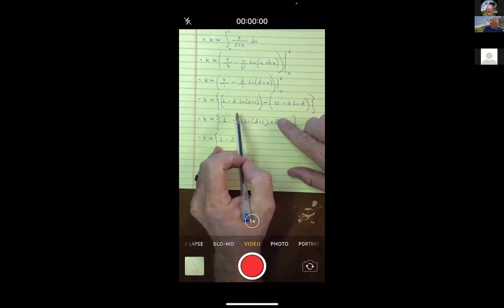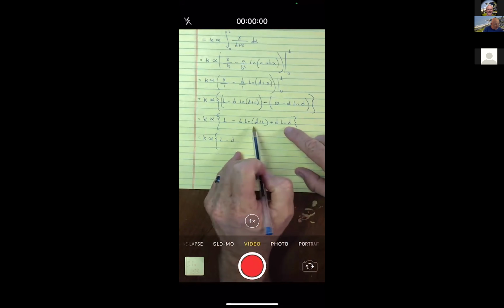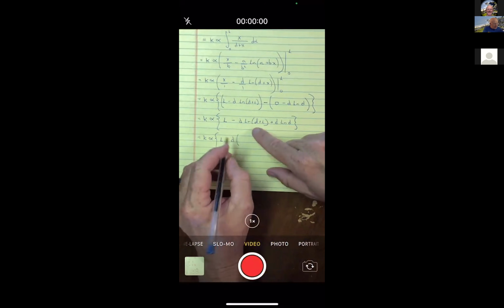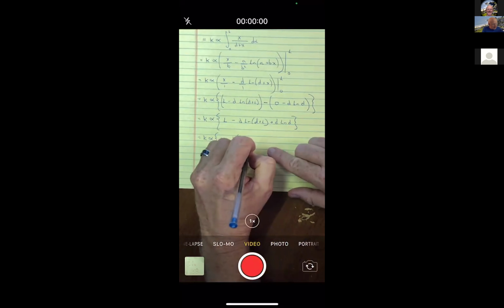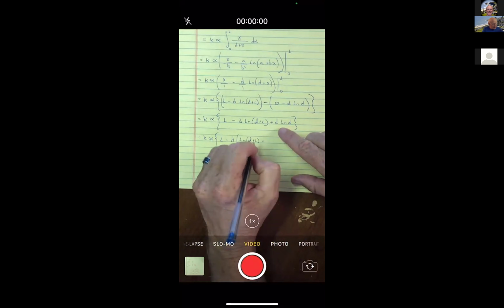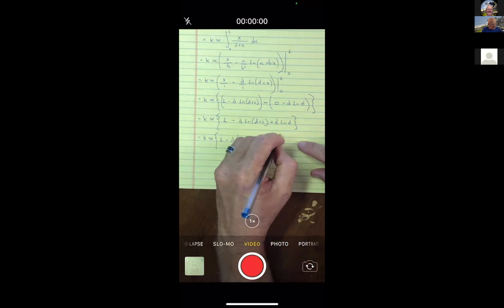So let's see. Focusing on the logarithms here. If I factor out a minus d, this becomes ln d plus L. And then this becomes a minus, and I factored out the d, ln of d.